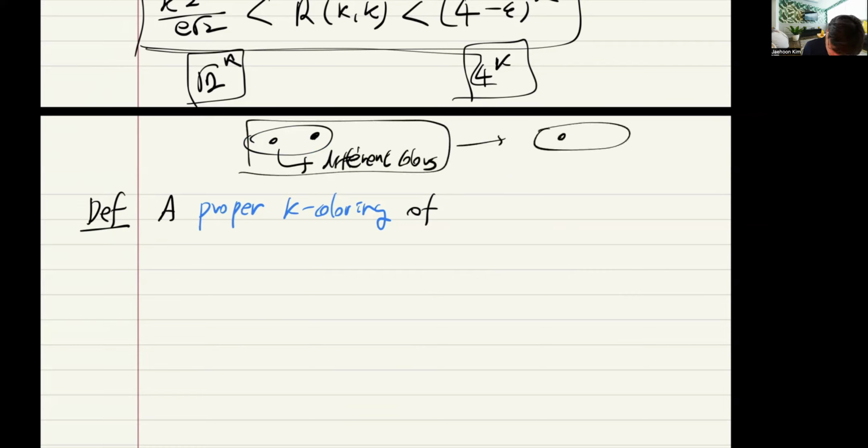So for a hypergraph, how do you generalize it? There are two ways of generalizing it. One is that you force each edge to be not monochromatic once you color it.